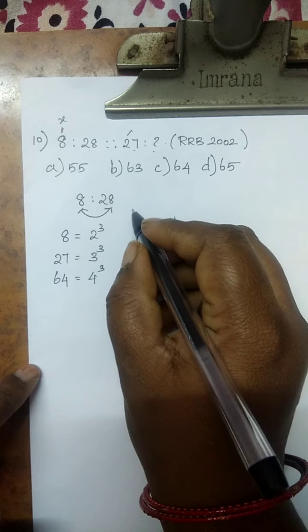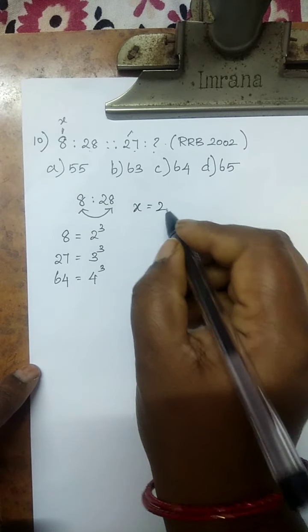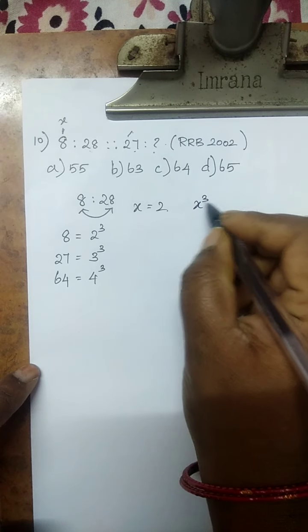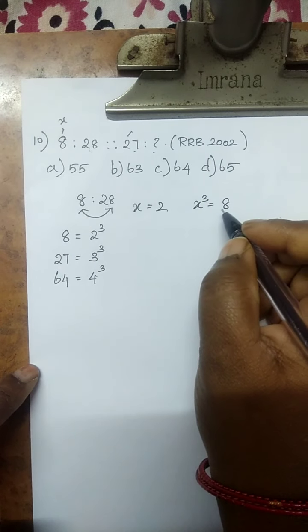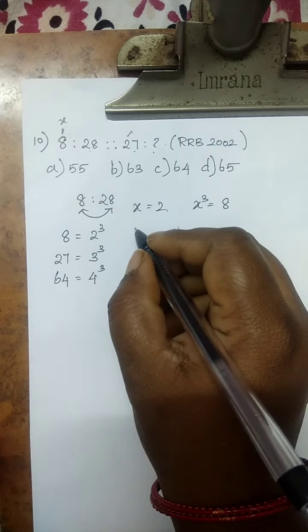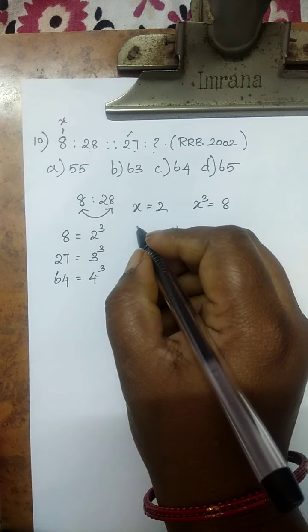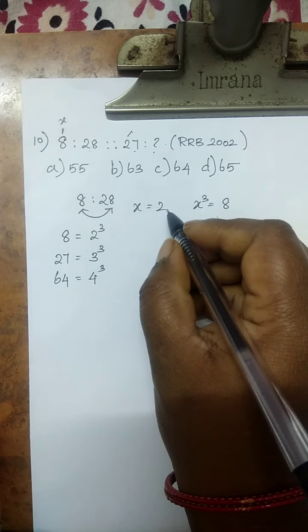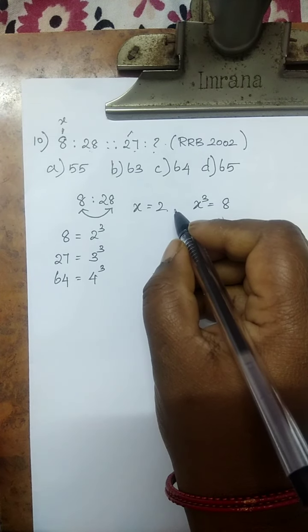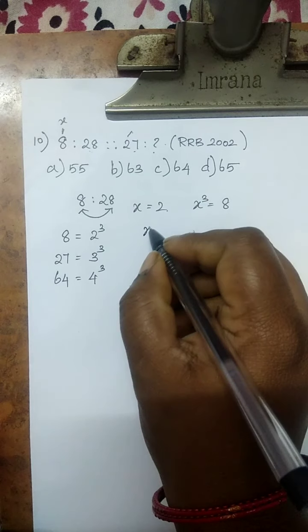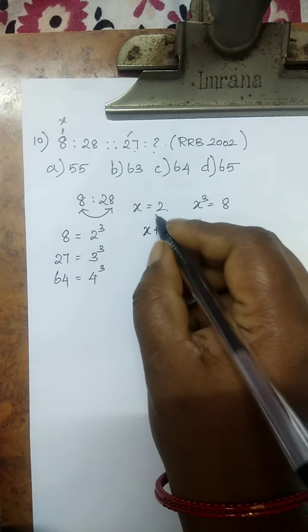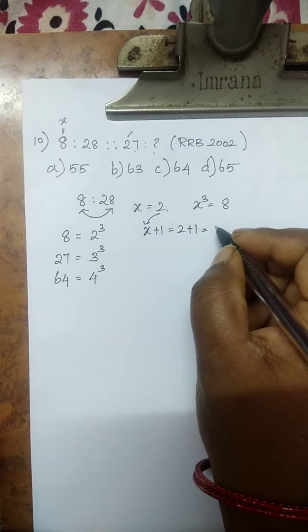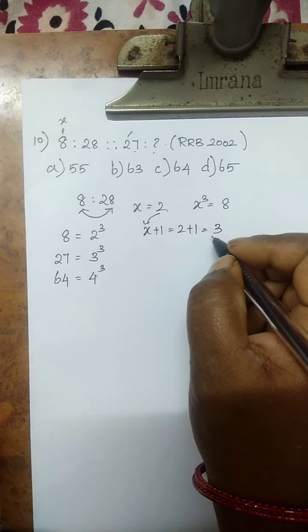So now make x as 2. Therefore x cube is equal to 8. Now by adding 1, x plus 1, that means 2 plus 1, which is 3. Right?